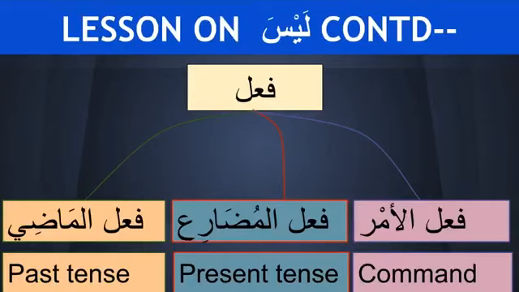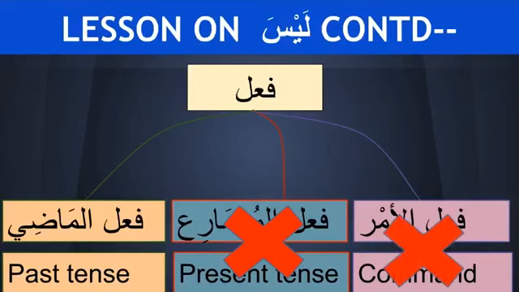However, Laysa, as we say, the meaning is he is not, and the verb itself is not a normal verb. So in Laysa, we don't have a present tense form of Laysa, and there is no command or Amr form of Laysa. So what we have is only past tense.